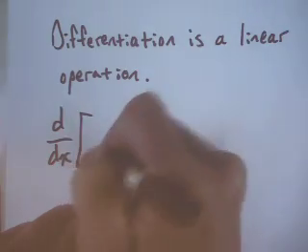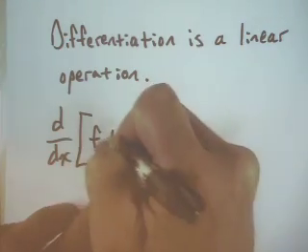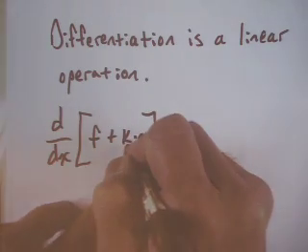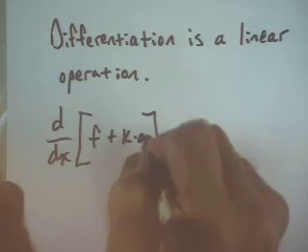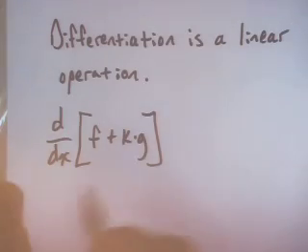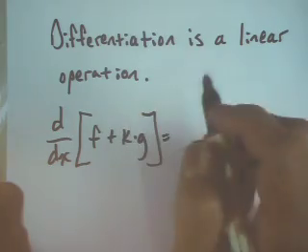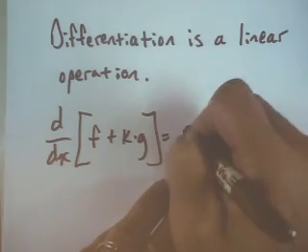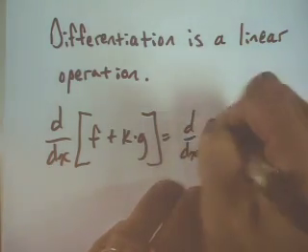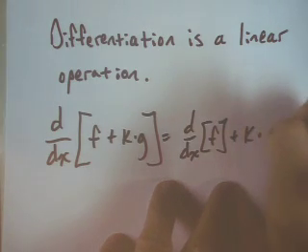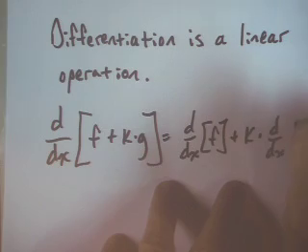Let's say we were trying to differentiate the function f plus k times g, where k is a constant and f and g are differentiable functions. Then, since differentiation is a linear operator, this will equal the differentiation of f plus k times the differentiation of g.